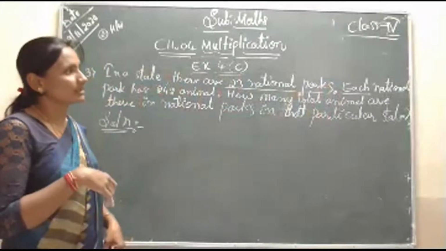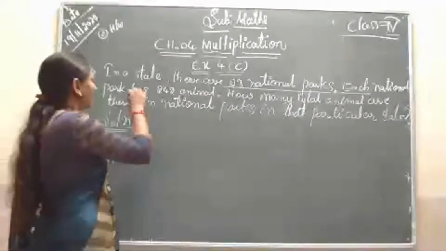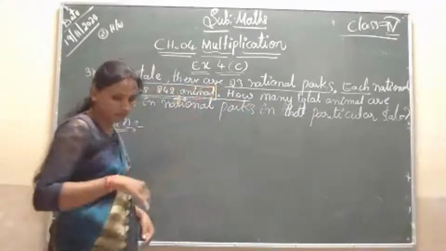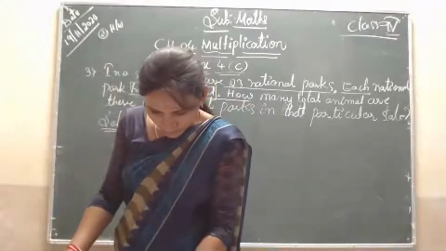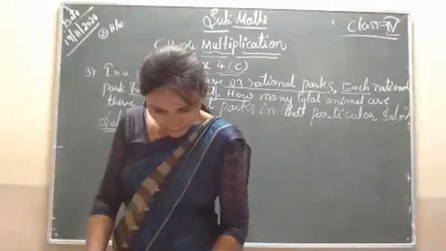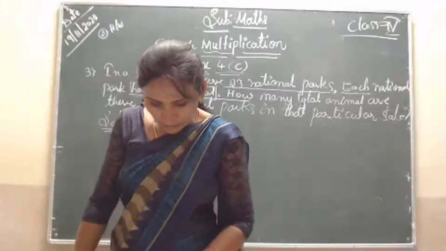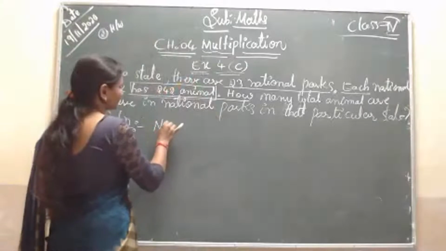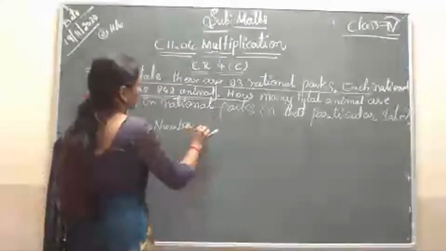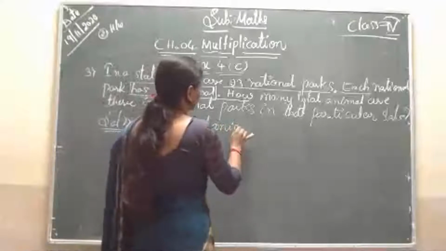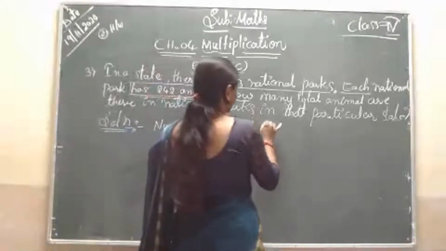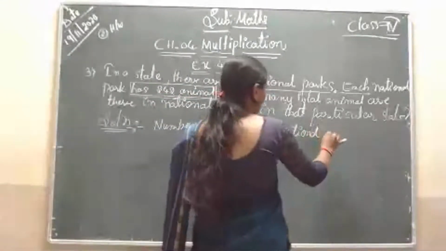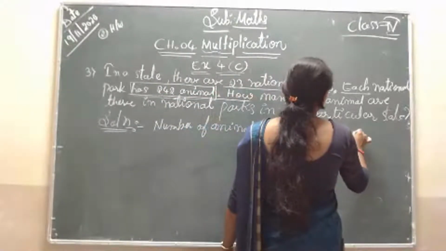But in each national park, how many animals? The total animals is 242. Yes, 242 animals, that is the number of animals in a national park.